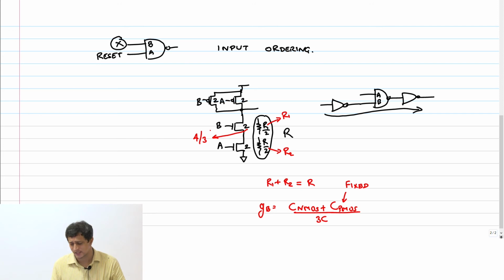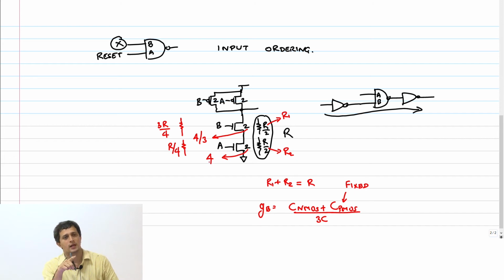So what is the resistance that is being offered by this transistor now? R by 4. Therefore, what should the resistance of this bottom transistor be? R by 4, which means this 2 now should become 4.